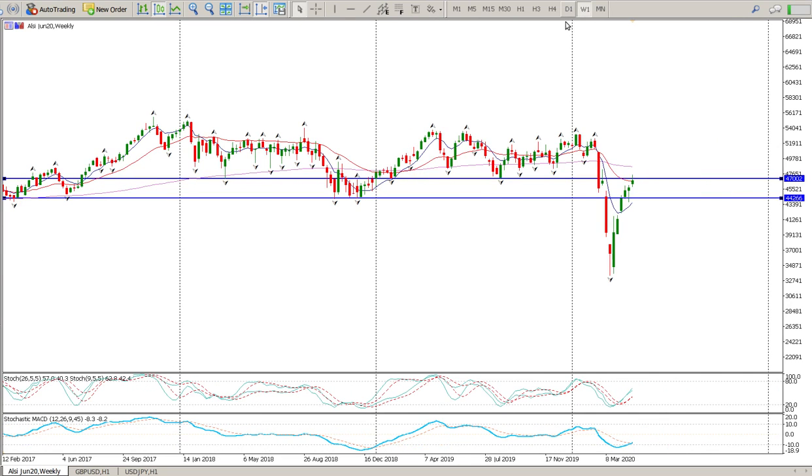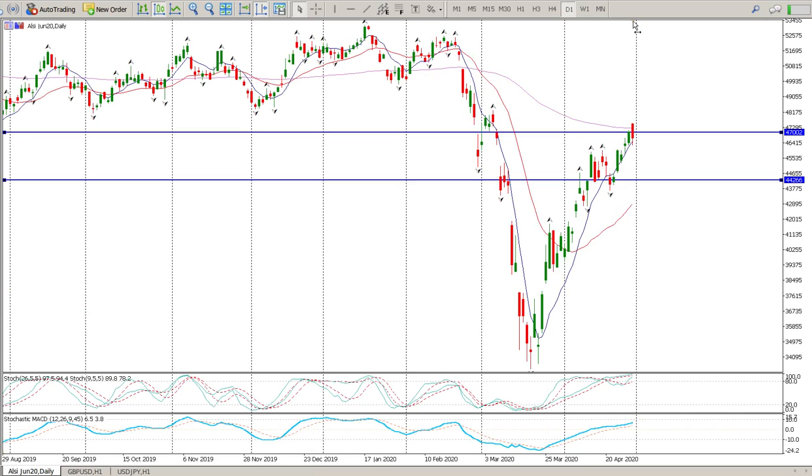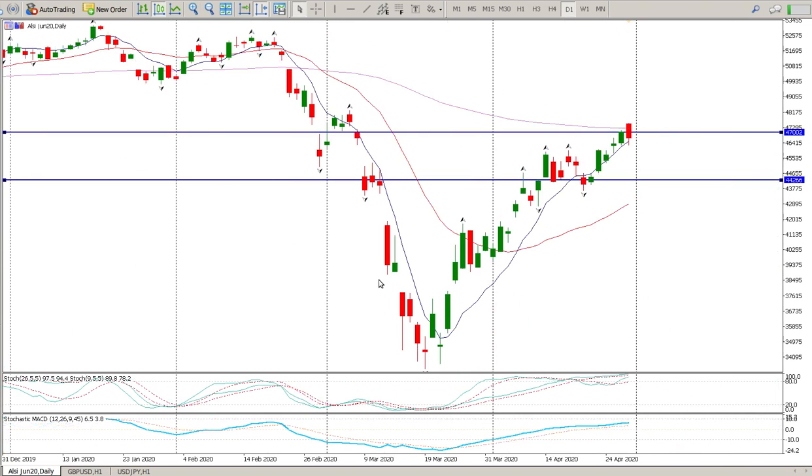So let's just get down to what we're interested in. We're not interested in too far in the future. We're interested in what we can trade here. I'm just going to zoom in on this so we can see it clearly.